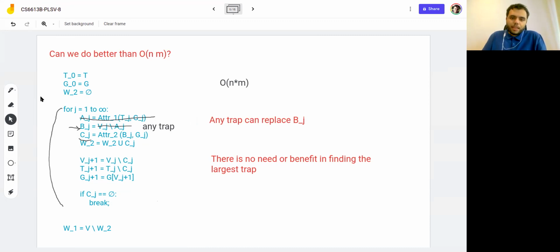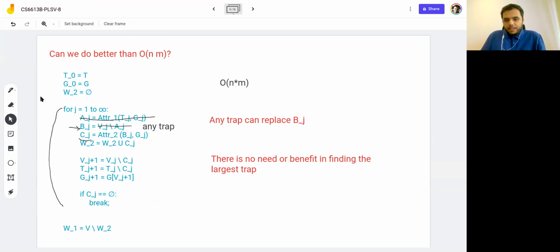right? So the question is, how can we compute traps? How can we find traps? And can we do it faster than just doing the attractor computation?